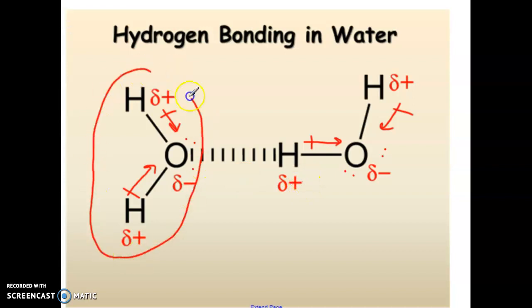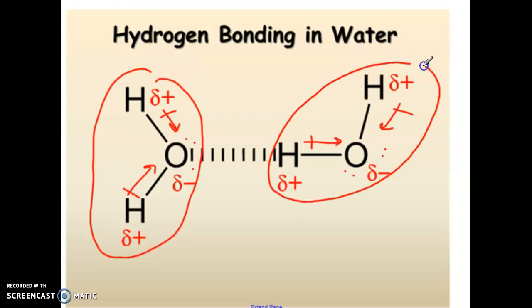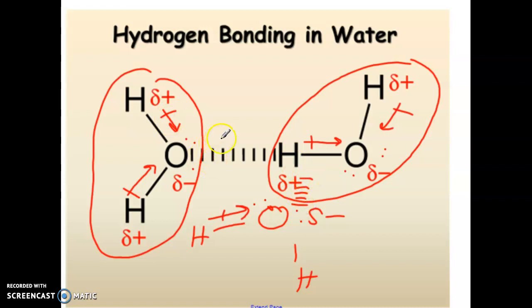See how this is one water molecule and this is another? They're attracted because opposites attract. For example, we could have another water molecule here, and this negative oxygen would be attracted to this slightly positive hydrogen. These dashed lines just show where they're feeling the attraction. Positive ends are attracted to negative ends.